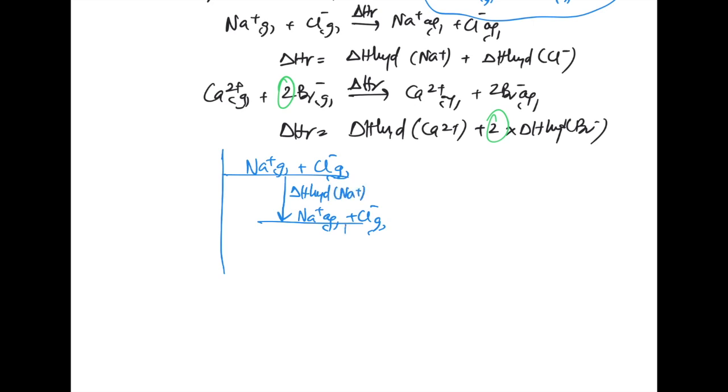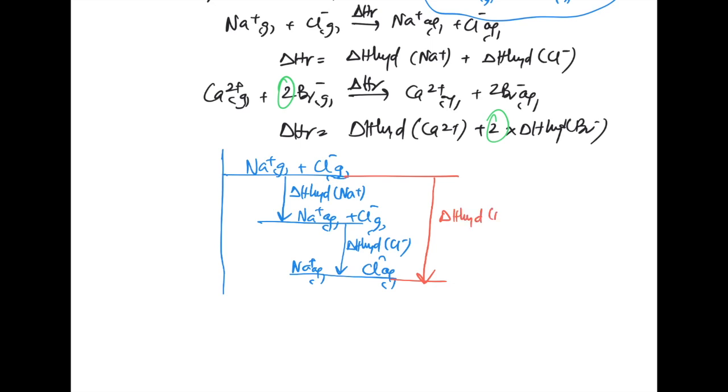Next step, you hydrate chloride ion, and this gives you Cl- aqueous. So it's called hydration of chloride ion, right? So overall, I can say that this is the overall enthalpy of hydration of both ions. So it's enthalpy of hydration of sodium ion plus hydration of chloride ion.